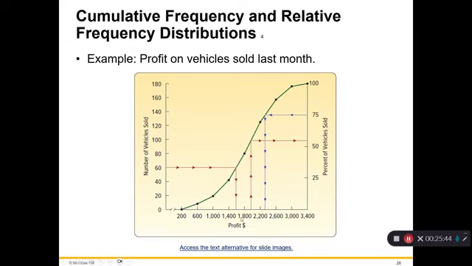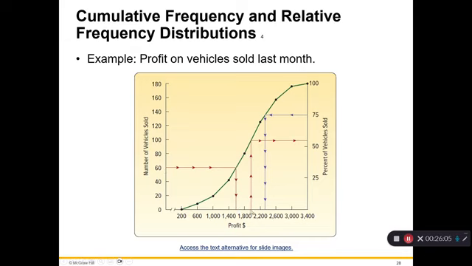This is the profit. If the number of vehicles sold is 60, how much profit does it map to? We can go this way, check where it touches this graph, and go down here. So this is the profit related to 60 vehicles sold.